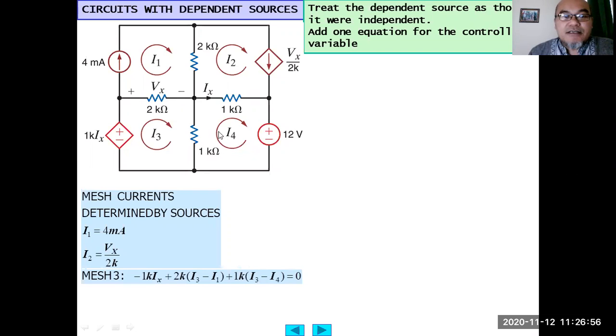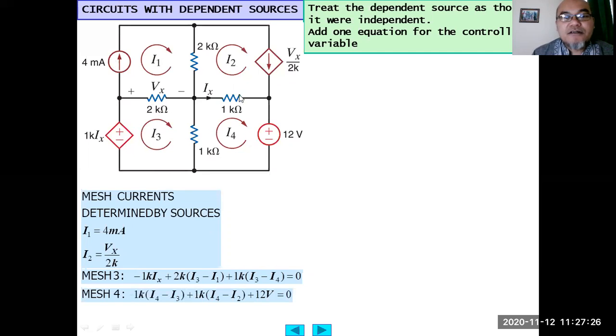For example, in this one we have 4 meshes, and I1 will be equal to this independent current source, 4 milliampere. I2 will be equal to this Vx divided by 2K. And for mesh 3, there is a voltage source: negative 1K Ix plus 2K (I3 minus I1) plus 1K (I3 minus I4).